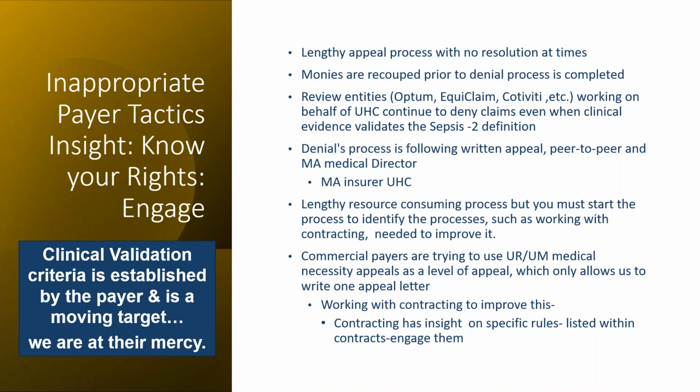When you write your initial appeal letter, a lot of times the third party entity or the payer has 30 days to respond to you. So there are timelines that you need to adhere to. If for some reason you don't get the initial denial within 30 days, you can call and ask for an extension.